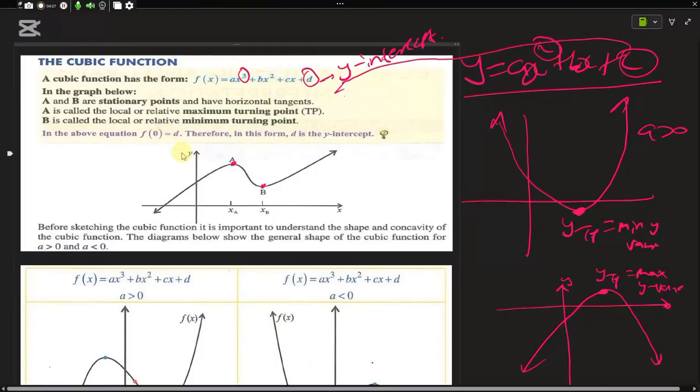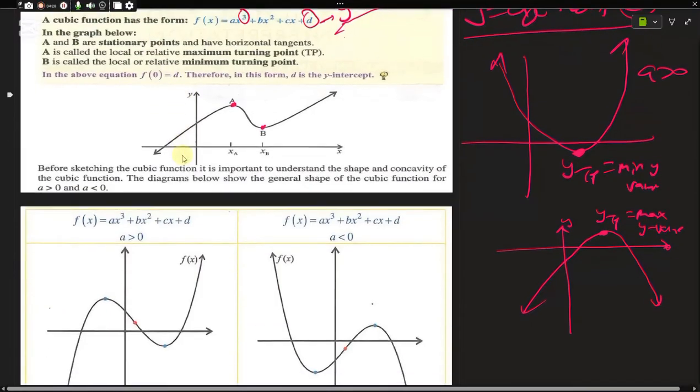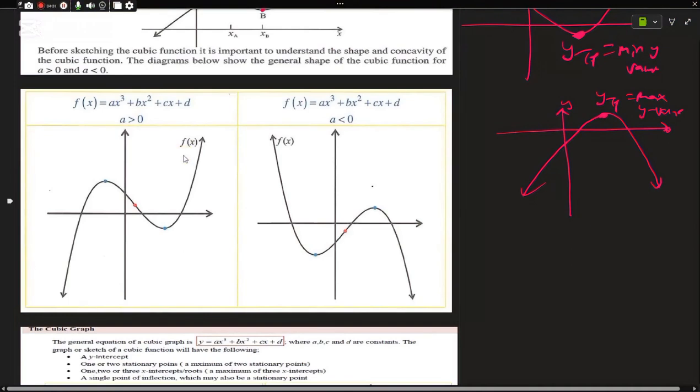Right. Now, let's go to the next slide. So the next slide here, you've got these two graphs. When A is positive, let's explain that. When A is positive, the first turning point will be the maximum, and the second turning point will be the minimum.